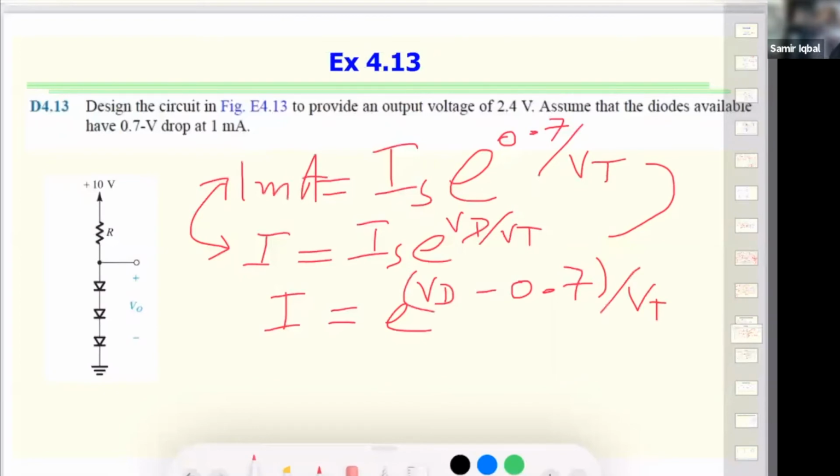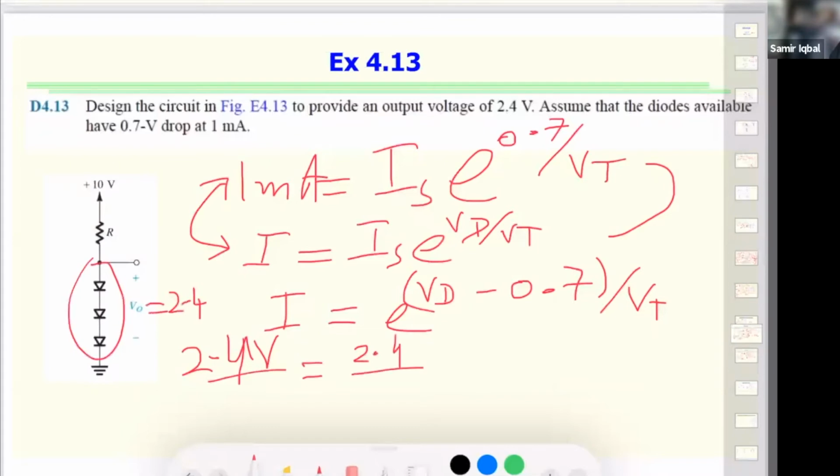Now for the output of 2.4 volt, the total drop across the diodes that we want is 2.4, so across each one, this would be 2.4 divided by 3 diodes, which is 0.8 volts.